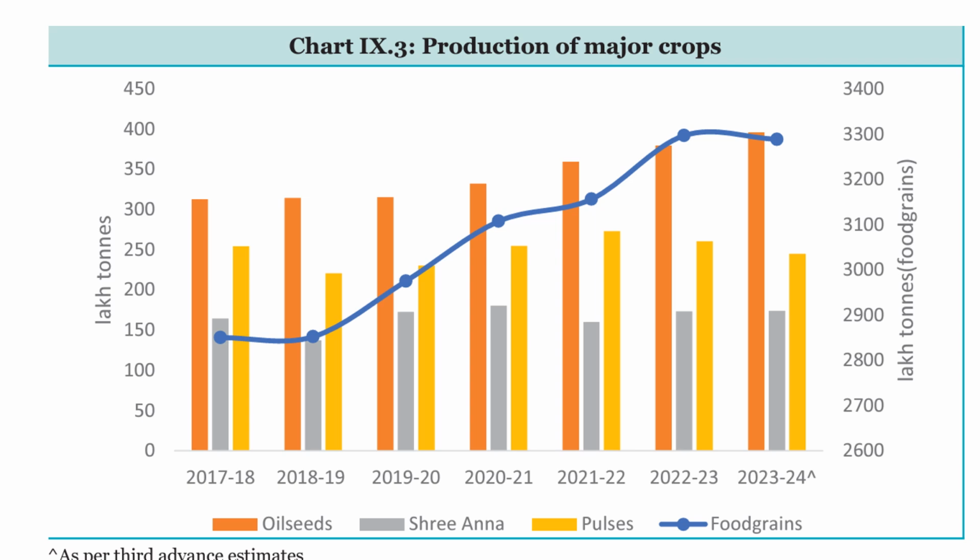In the previous slide I already showed you in tabular form. Now you can see clearly in the graph production of major crops in lakh tons. First of all, food grains: overall production of food grain is continuously increasing with year. Also oil seeds, production of oil seed is continuously increasing from 2017-18.